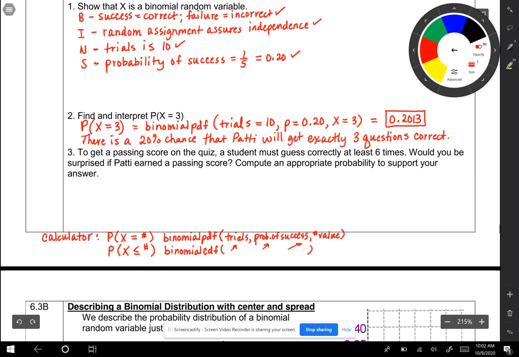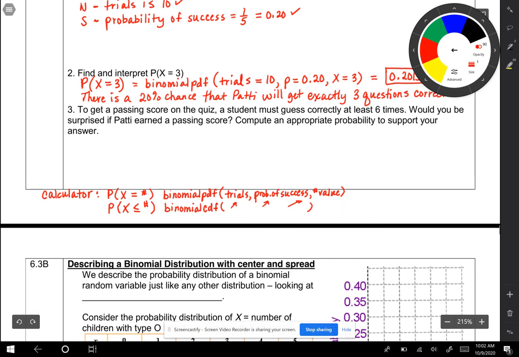All right, and then our last but not least, to get a passing score on the quiz, a student must guess correctly at least 6 times. Would you be surprised if Patty earned a passing score? Compute an appropriate probability to support your answer. So at least means the probability X is greater than or equal to 6.